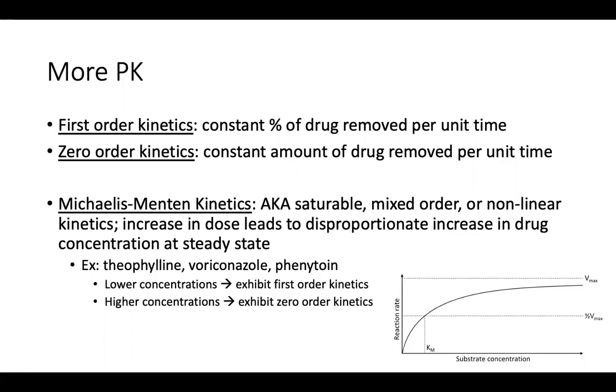In linear kinetics, doubling the drug approximately doubles the serum concentration, whereas in nonlinear, doubling the drug can actually more than double serum concentration. So we have to make small incremental and cautious adjustments to avoid toxicity.